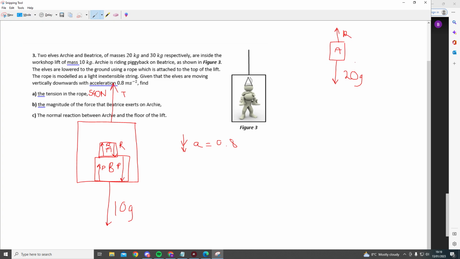And that's it. Now the reason I say that we have to consider the forces acting on A and not the forces acting on B is this.